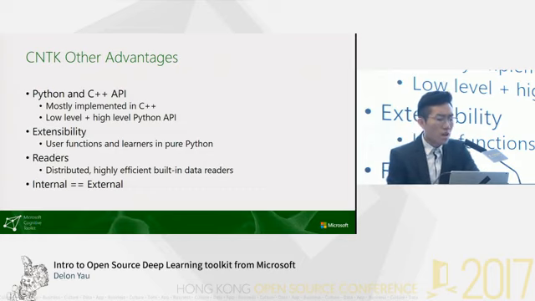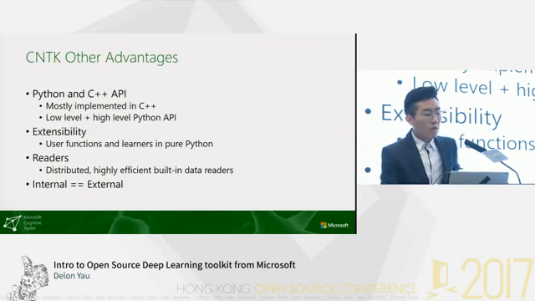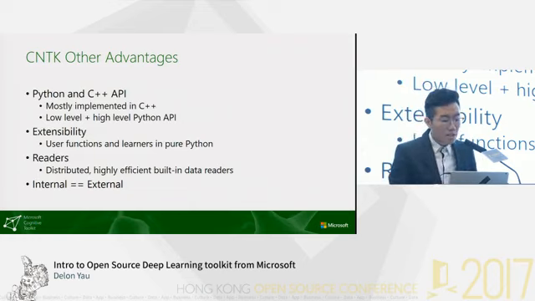Here are some of the other advantages of CNTK. Apart from the Python and C++ API, it's mostly implemented in C++, with low-level and high-level Python APIs, and extensibility: the user functions and learners are in pure Python. We also have some very efficient built-in distributed data readers for you to ingest your data.